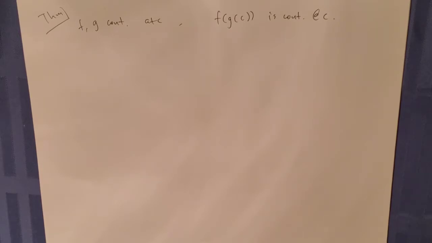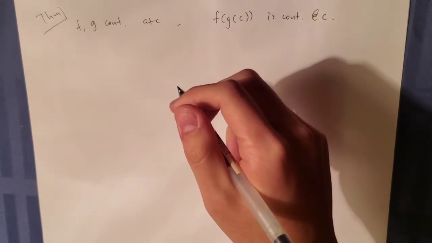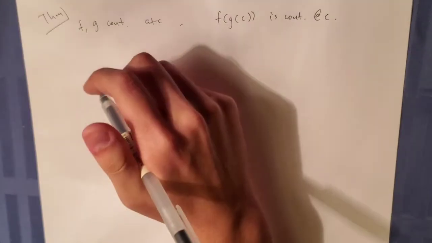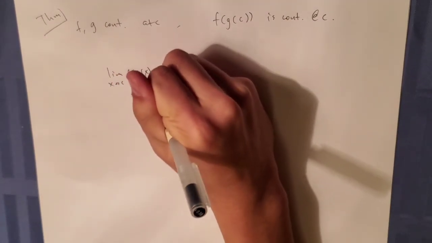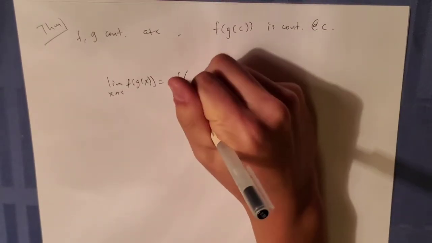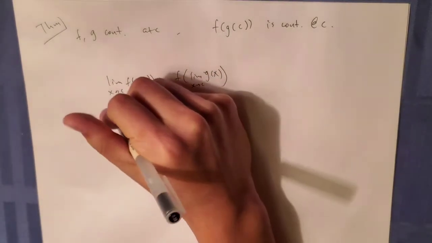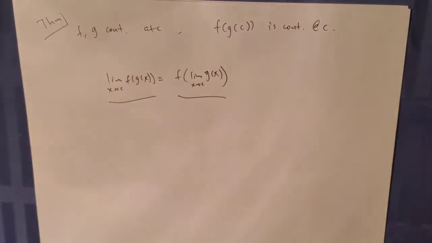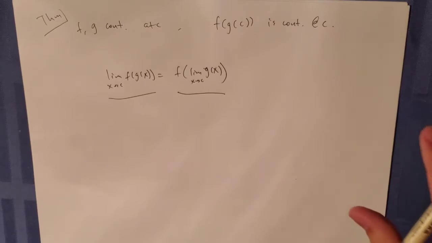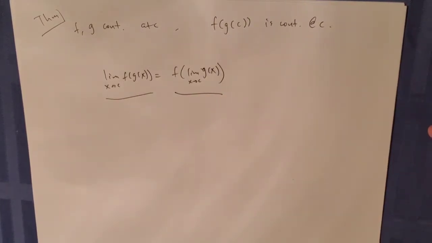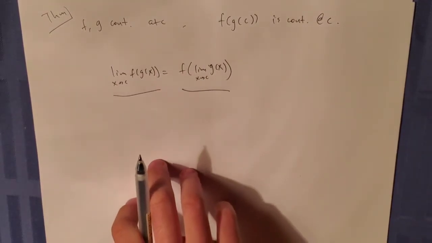From this theorem, we won't be proving any of these theorems for this video, but we can see that the limit as x approaches c of f of g of x equals f of the limit as x approaches c of g of x. So these two are equivalent by this statement. Now this is very useful because we can apply limits outside and inside functions as long as they are continuous at the constant c. Okay.